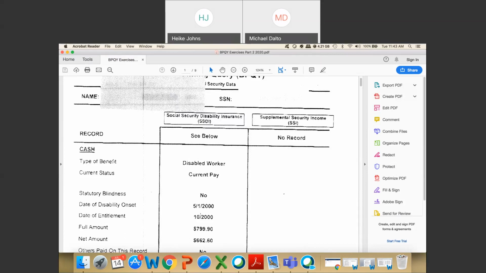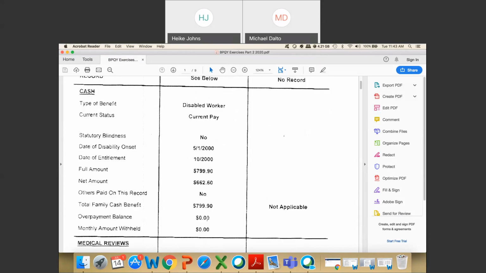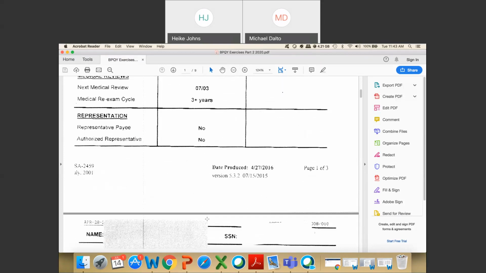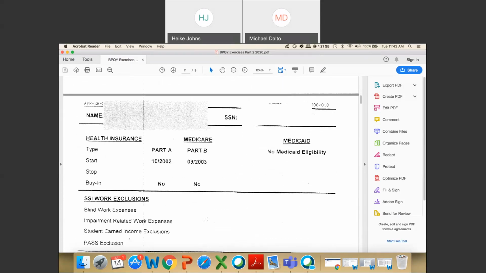Date of entitlement is October 2000. Now, page 2. And the instructions tell us to look at trial work months.